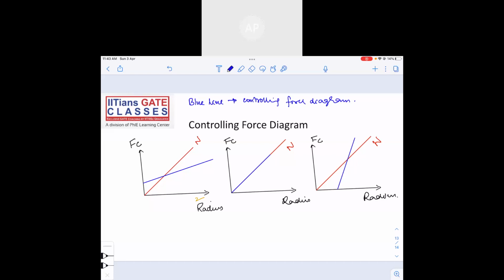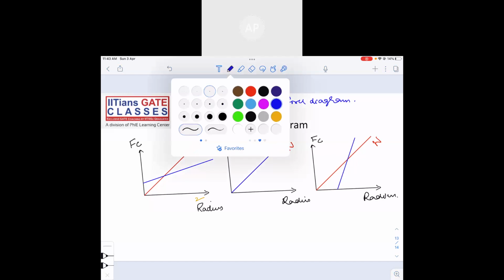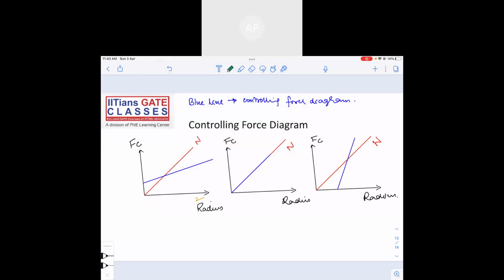Now, for a governor to be stable, if I explain it, it will take around 15 minutes. But I'll just give you the conclusion. Anyways, you'll have to remember the conclusion.